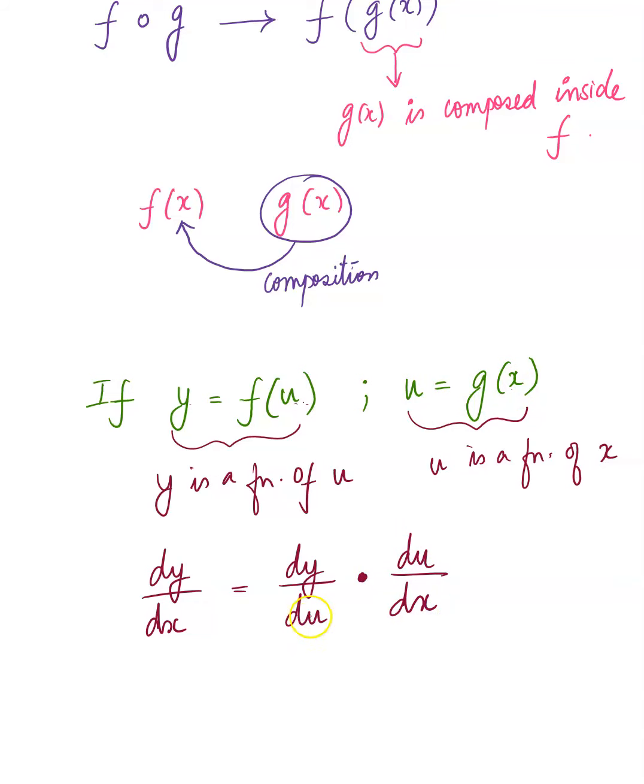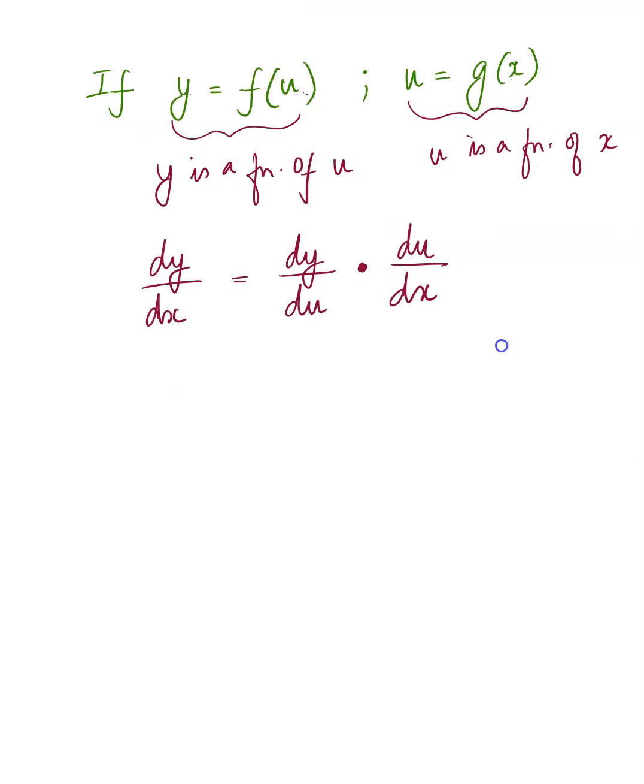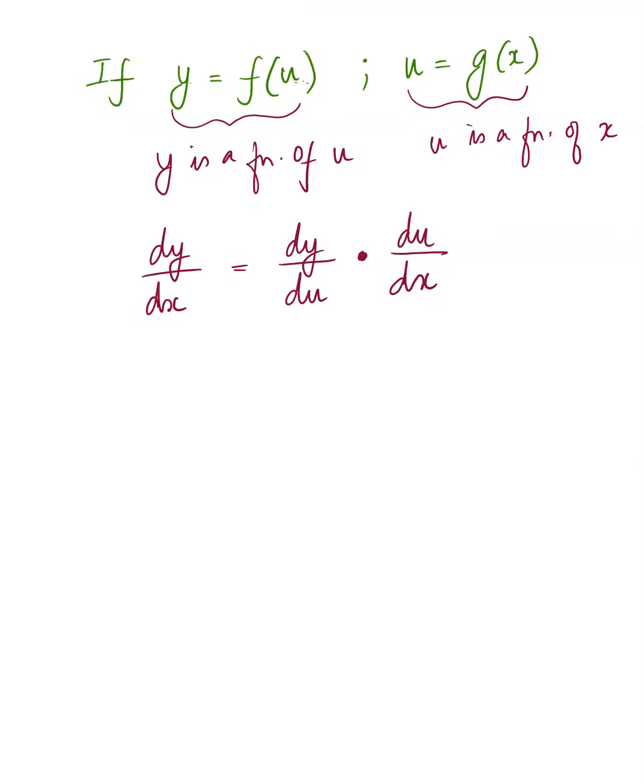So you can kind of see like the du and the du cancelling off, leaving us with dy over dx. So that is the concept or the idea of using composition to find the derivative, and that is your chain rule. Okay, so let me give you an example here for this type, and then I will give you the other version of the definition as well.